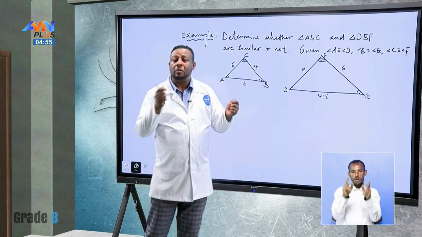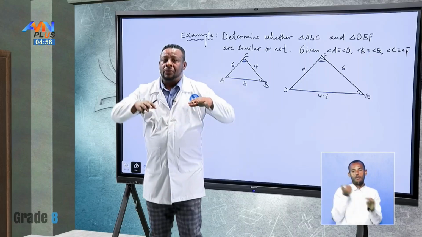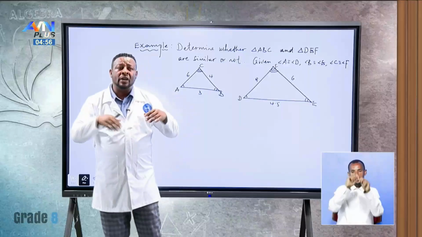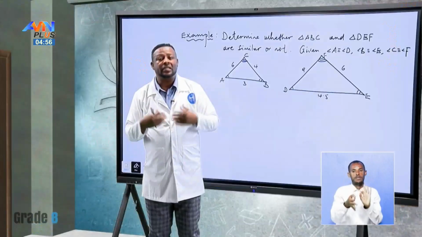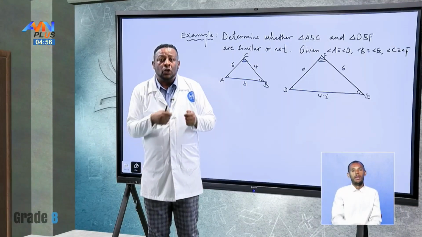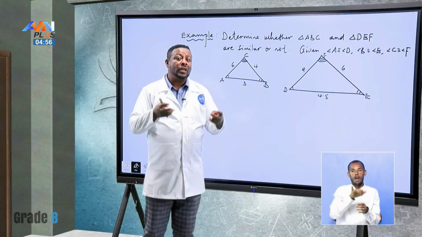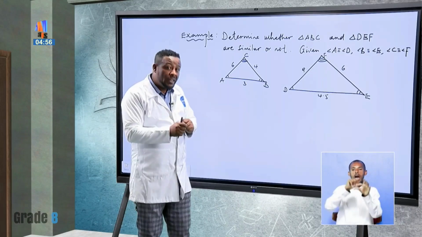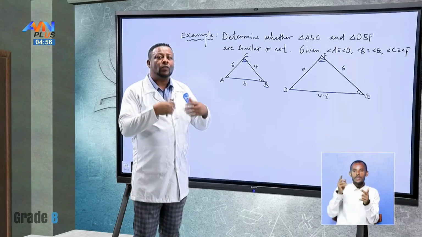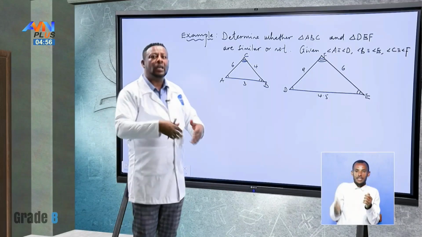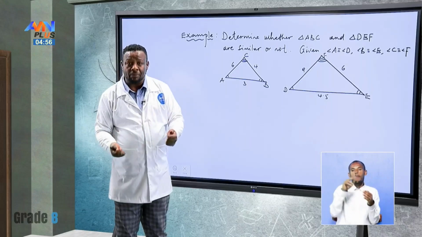You need to remember the definition that I stated before. Whether it is a triangle or a polygon, there is a definition regarding similarity, right? So two triangles are said to be similar if the pairs of corresponding angles are congruent, one condition. The other thing, the ratio of corresponding sides must be the same.